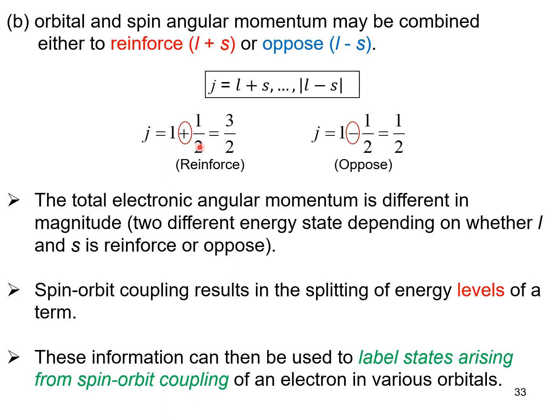So this is the reinforced, while we have the conditions where it is opposed. So the spin-orbit coupling results in the splitting of the energy levels. Later, in the next slide, we will see what it means by splitting of the energy levels. And this information can be used to label the states arising from the spin-orbit coupling of an electron in the various orbitals.